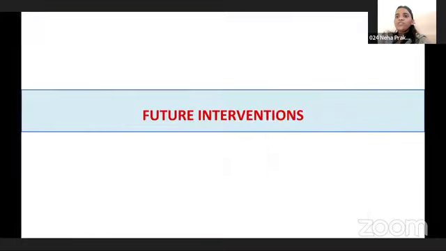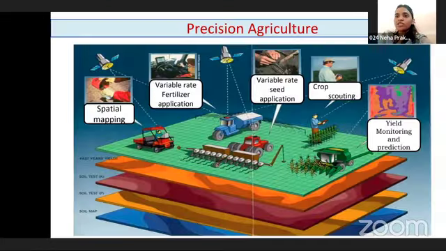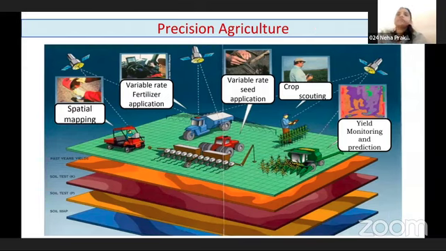What are the future inventions in soil? Future inventions are available to sustain our soil. One is precision agriculture. What is precision agriculture?